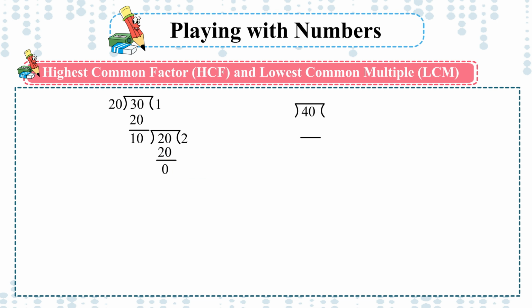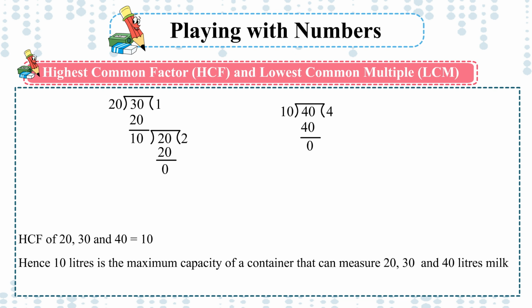Next is 40 divided by 10. 10 multiplied by 4 is 40. So, we get the remainder 0. HCF of 20, 30 and 40 is equal to 10. Hence 10 liters is the maximum capacity of a container that can measure 20, 30 and 40 liters of milk exactly.